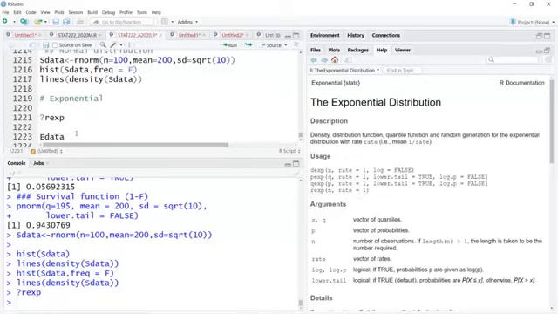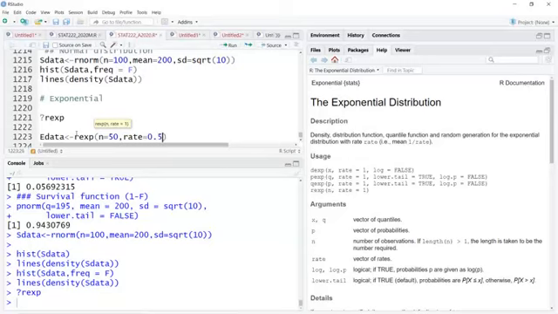For E data, exponential data, I'm going to do rexp, maybe with a sample size of 50, and then rate. Remember, this rate is your lambda, right? And your mean is what? 1 over lambda. So rate is equal to, let's say, 0.5.